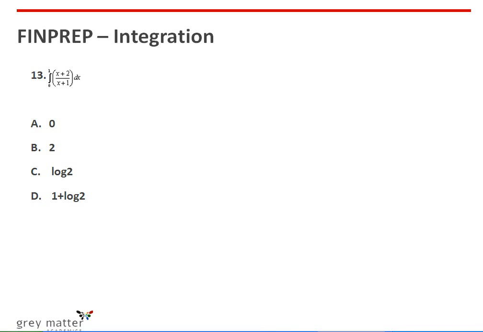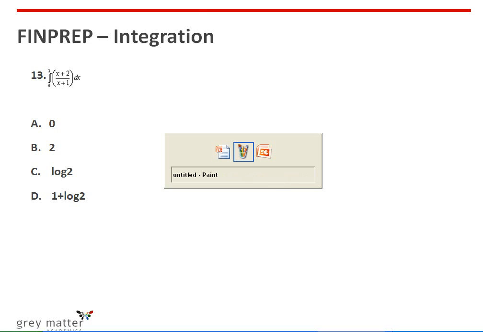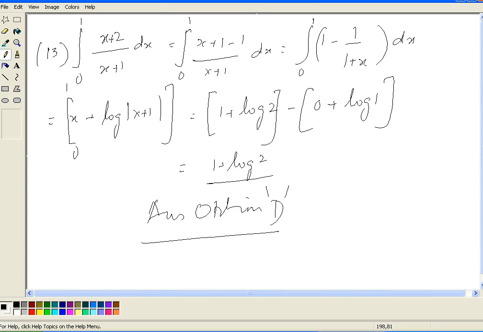13th problem, integral of x plus 2 by x plus 1 dx from 0 to 1. It's a definite integral. Reverting to our work area, integral x plus 2 by x plus 1 dx can be rewritten as x plus 1 plus 1 by x plus 1, and then we get 1 plus 1 by 1 plus x dx. After integrating, you get x plus log of x plus 1, and being a definite integral from 0 to 1, it is written like this.